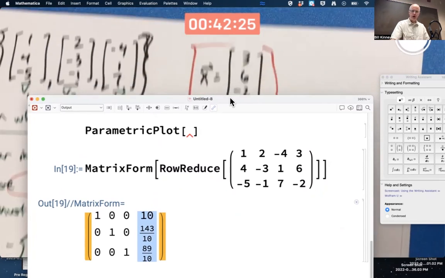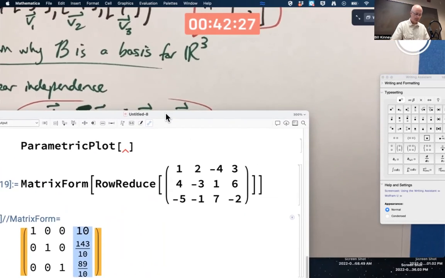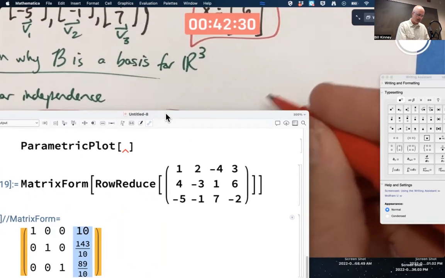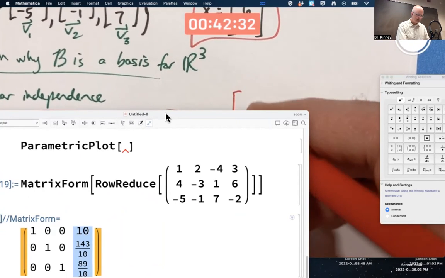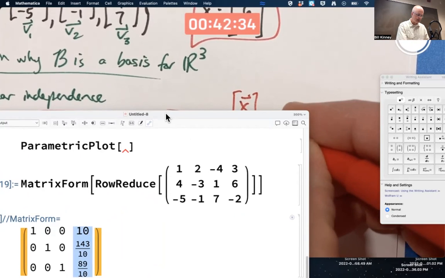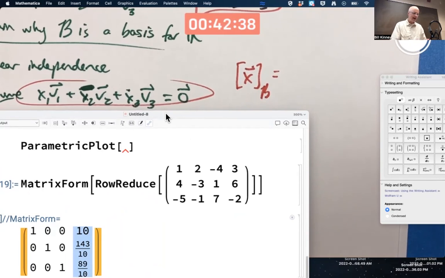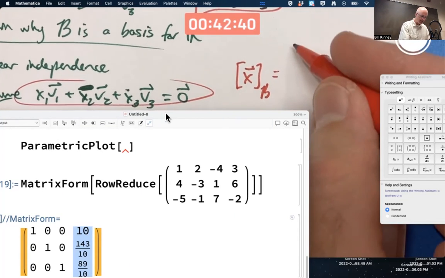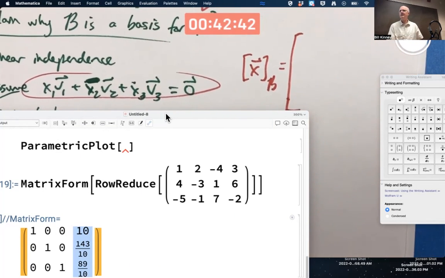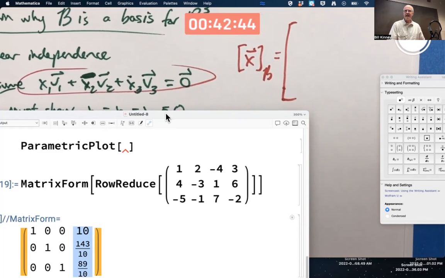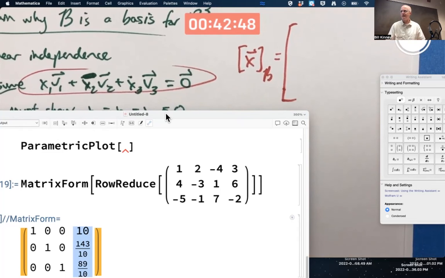So what you would write, kind of funny notation, you'd write that the coordinate vector of X with respect to B, what we're trying to emphasize here is it's going to be a vector. It doesn't actually equal the original X in ordinary Cartesian coordinates.